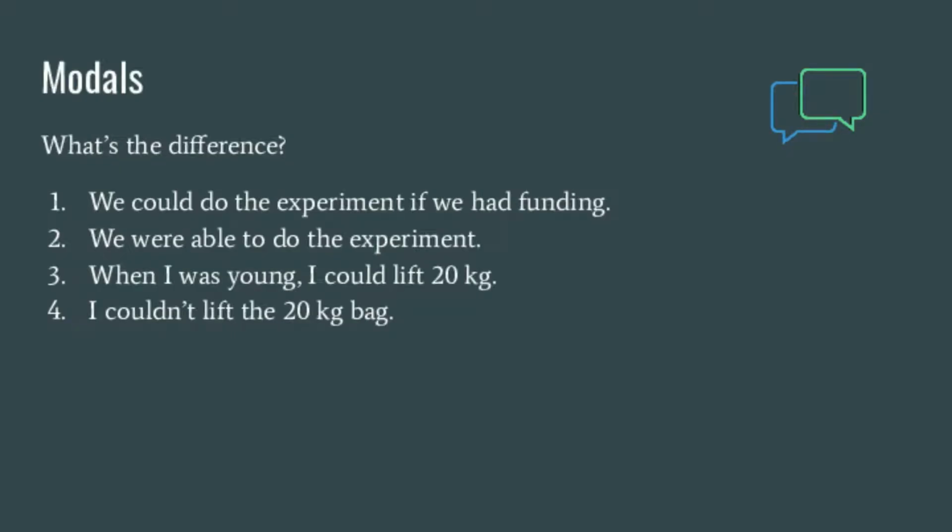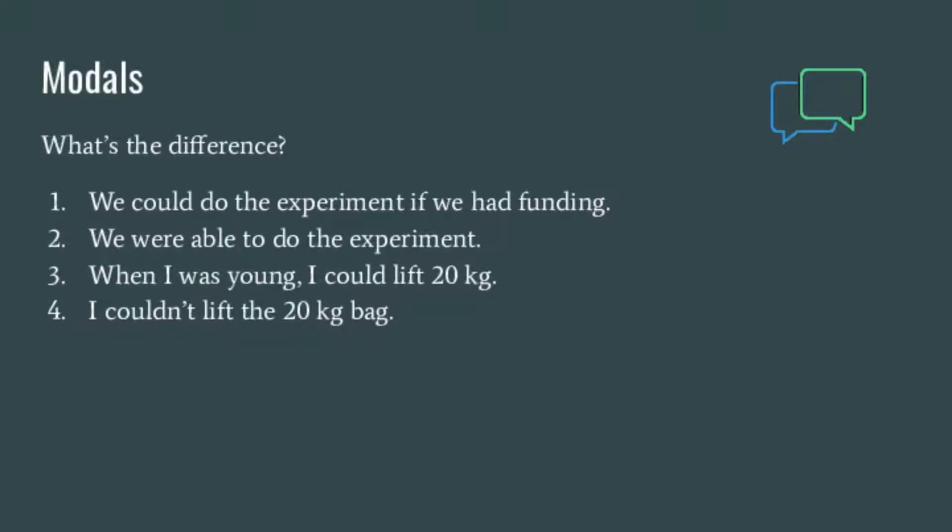Historically, it developed that way as a past tense of can, but in modern English, the default meaning of could is hypothetical or conditional, which means present or future, more likely future. In the future, we could do the experiment. Right now, we could do the experiment if we had the funding, but right now we're not sure if we've got the money for this.